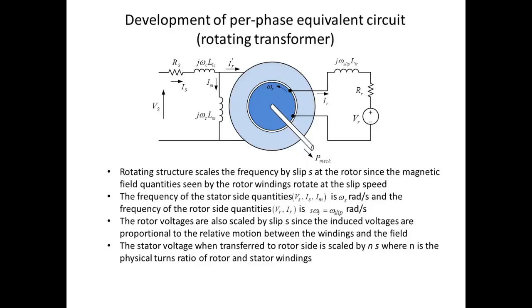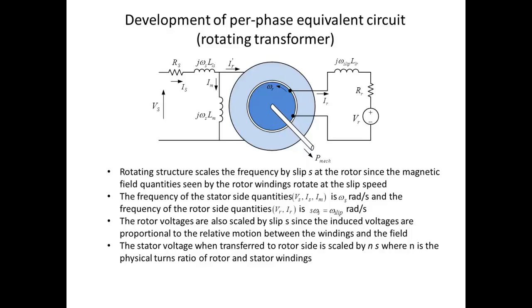If you also consider the physical turns ratio between the stator windings and the rotor windings is n, so 1 is to n, the stator to rotor turns ratio, then the net rotor voltage is scaled by a factor ns compared to the stator voltage, where n of course is the physical turns ratio, and s is the given value of s under which the per phase equivalent circuit is being drawn.